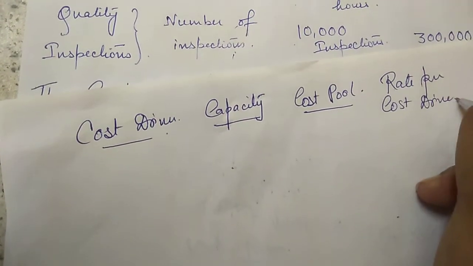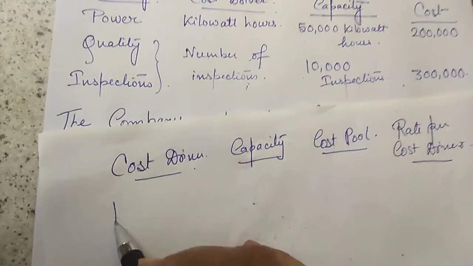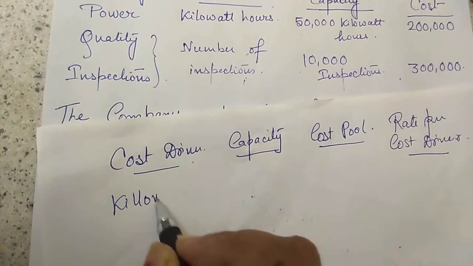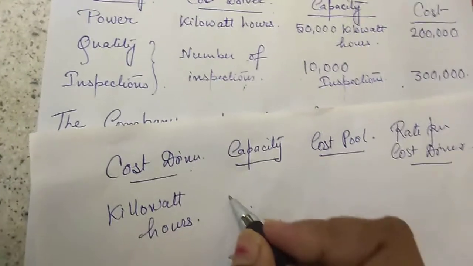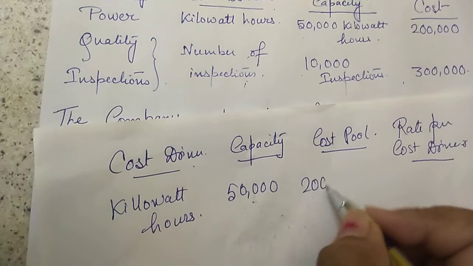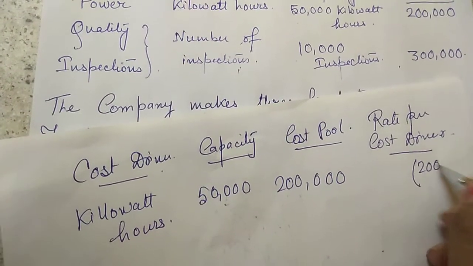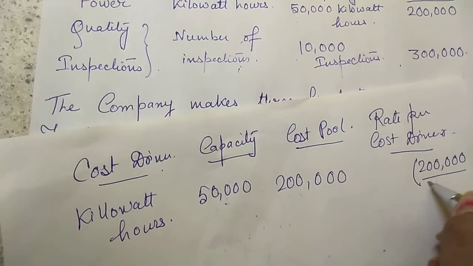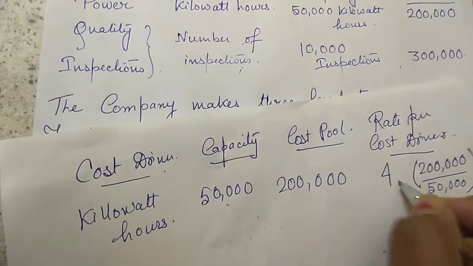So what is my cost driver? Cost driver is kilowatt hours. How much? 50,000. How much is my cost pool? 2 lakh. So rate per kilowatt hour is 2 lakh divided by 50,000, which comes to 4 rupees.